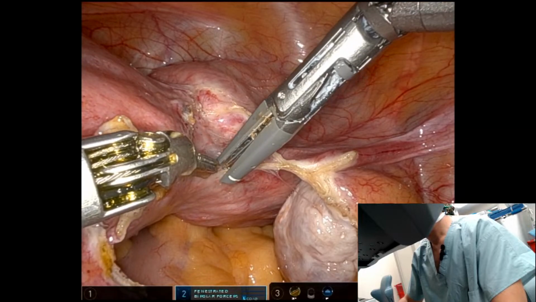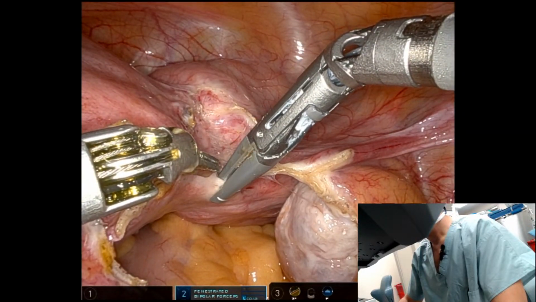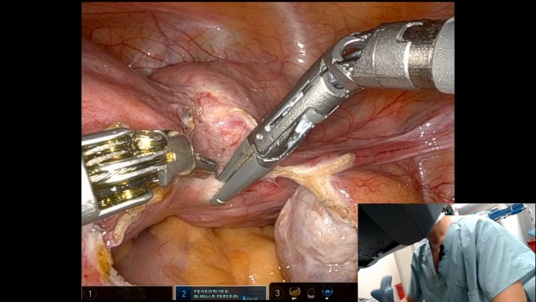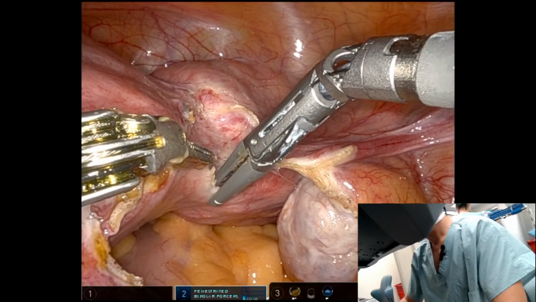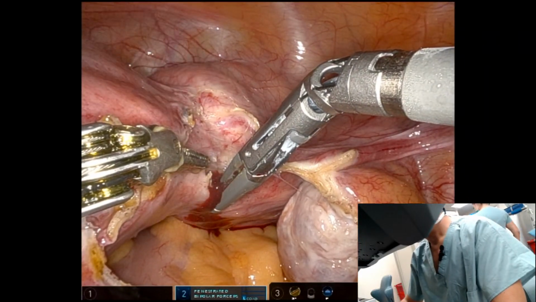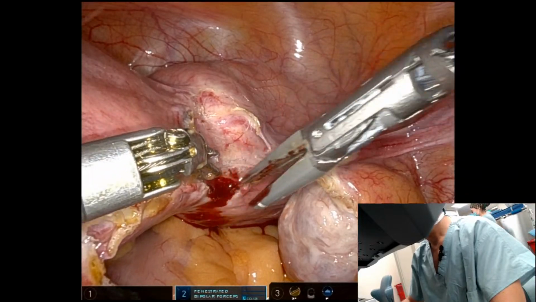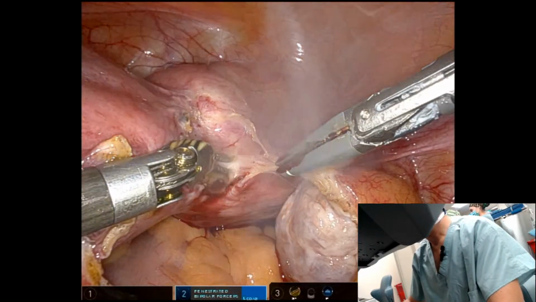This is the posterior view of the broad ligament. Here we can see the vein, the uterine vein.